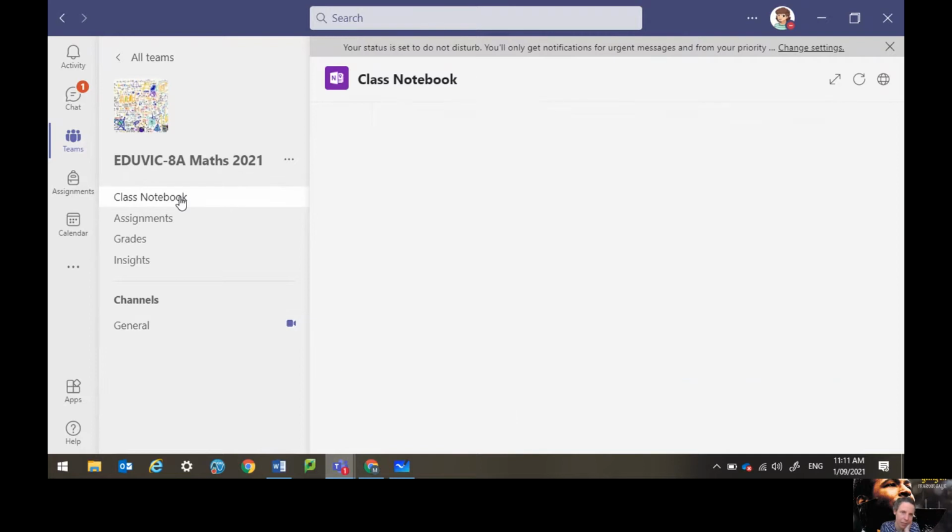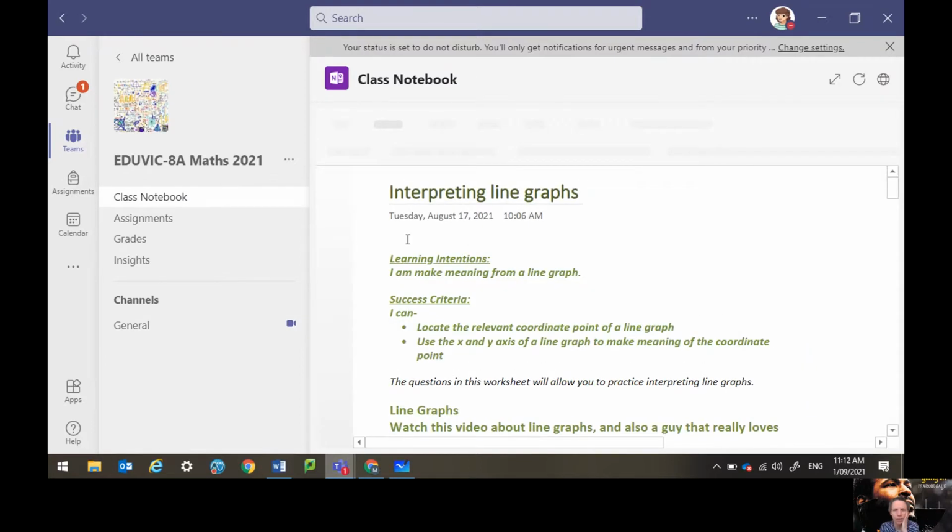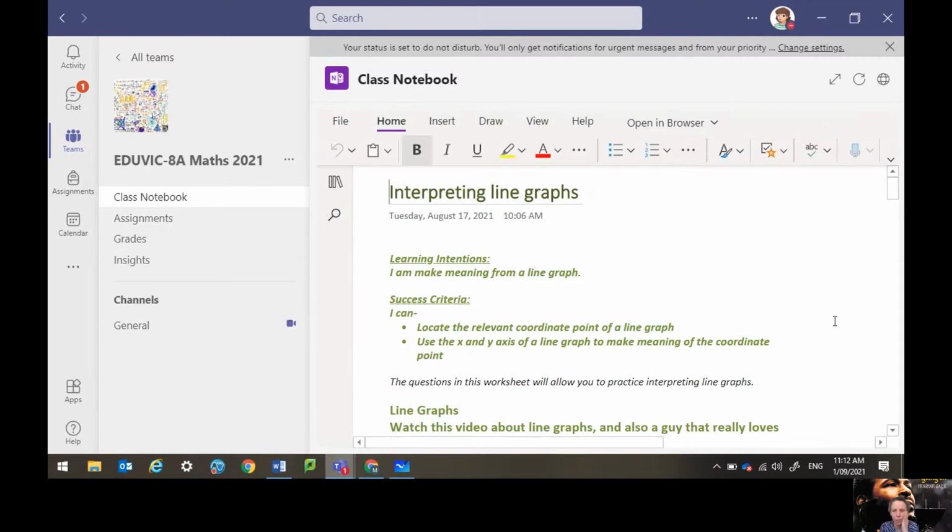Alrighty, interpreting line graphs. So you're going to make meaning from a line graph in this class notebook worksheet. You just need to remember to locate the relevant coordinate on a line graph, and you understand Cartesian coordinates super well now.